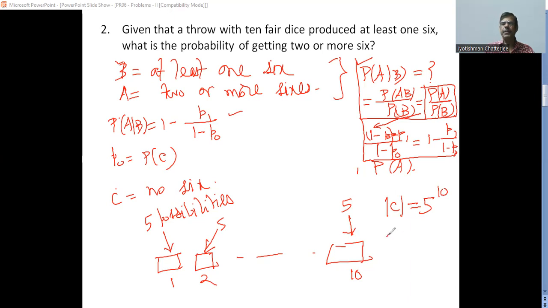And what's the sample space size? Omega. There is no restriction whatsoever on any of the outcomes, so each position can be filled in 6 ways. That's why size of omega is equal to 6 to the power 10. So we get probability of C is equal to 5 to the power 10 by 6 to the power 10.